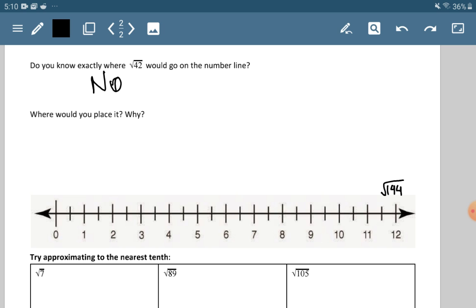Above 11, I would do the math problem 11 times 11 and I would get root 121.